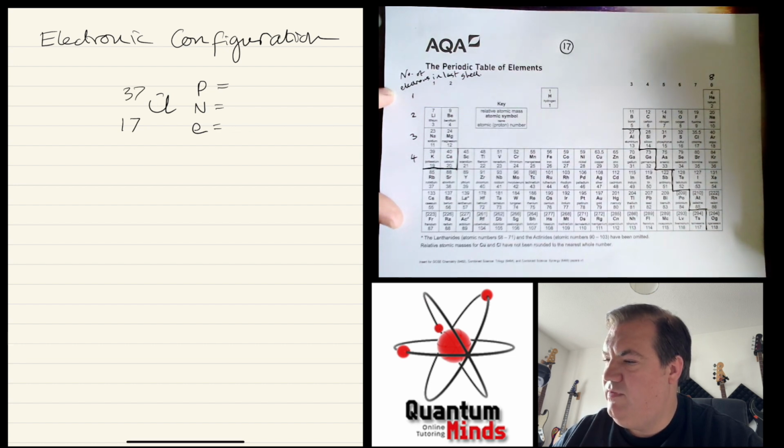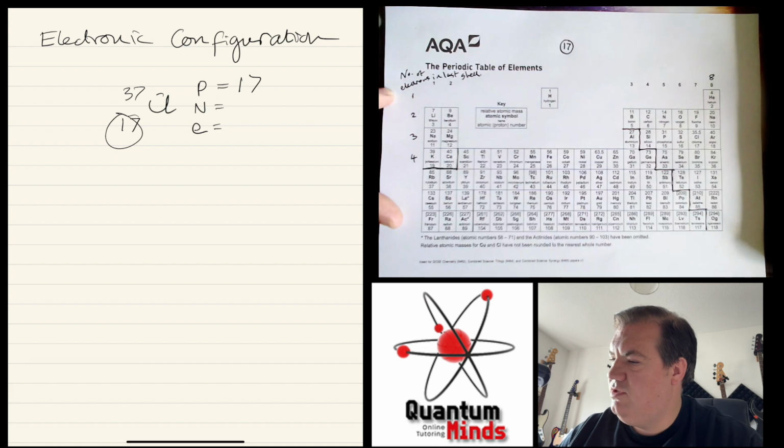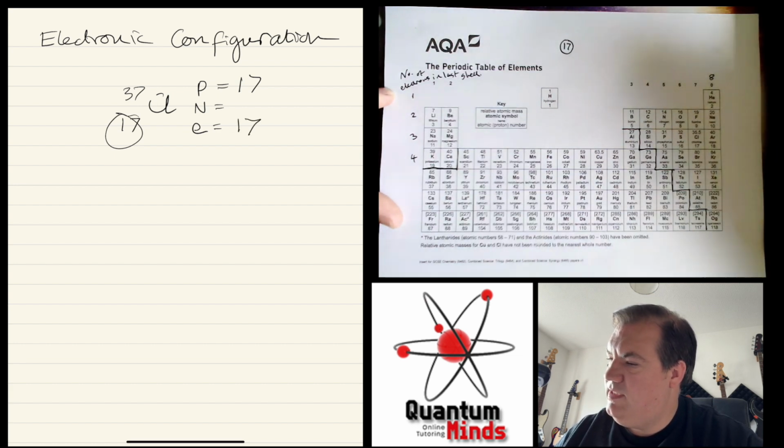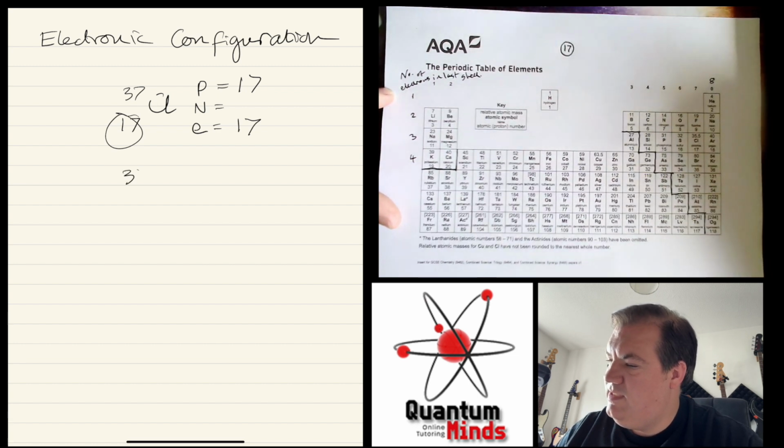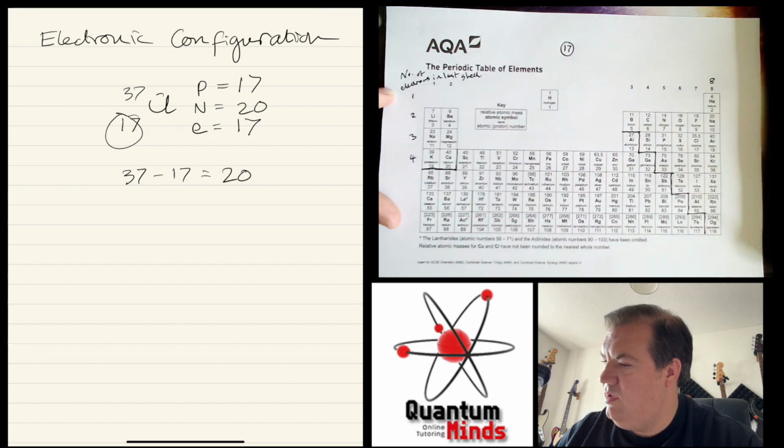Because we only have to deal with the electrons. So our proton number is going to come from there. So that's 17, and that is also the same as the electron number. And then to get your neutron number, you just have to do 37, take away 17, which equals 20. And that gives you your neutron number.